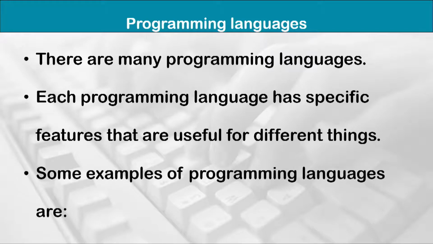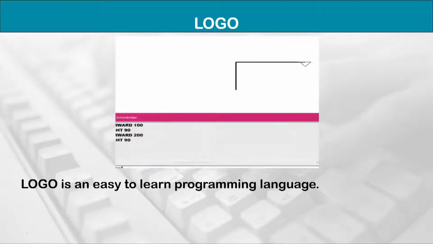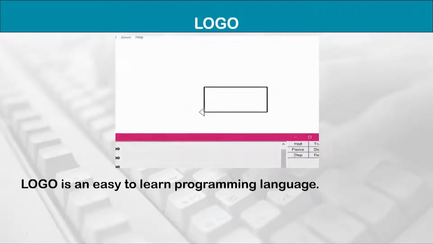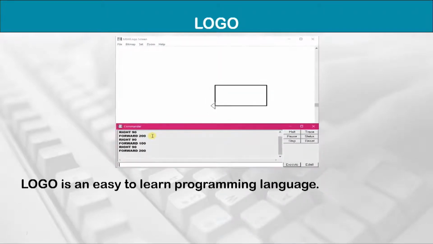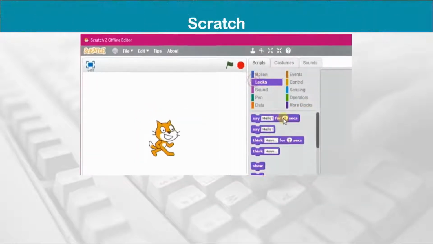Some examples of programming languages are Logo. Logo is a programming language you learned in grade 7. Logo is an easy-to-learn programming language. It is used to write programs that tell the computer how to draw shapes on the computer screen. Scratch.